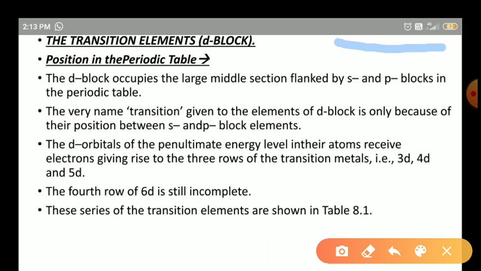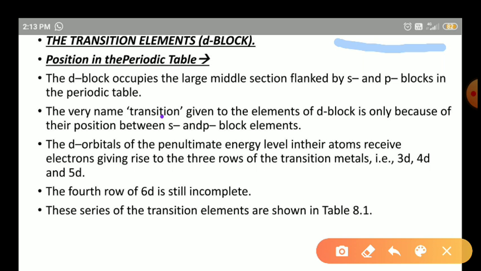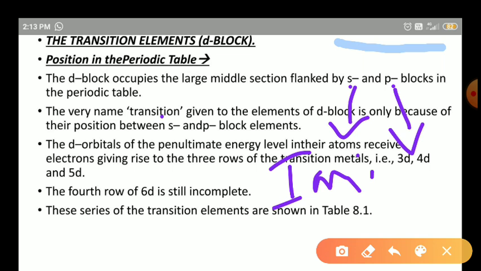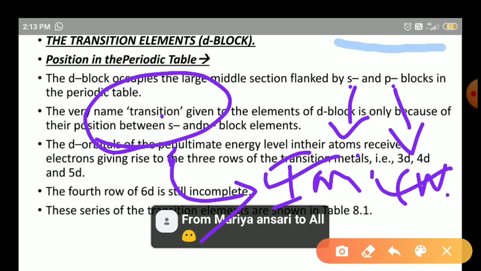Transition means electrons are promoted from the ground state to the next higher excited state. So s block elements form ionic bonds, p block elements form covalent bonds, but the transition elements exhibit both properties, ionic as well as covalent.